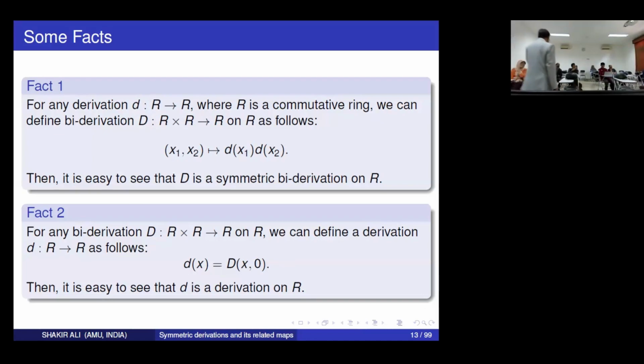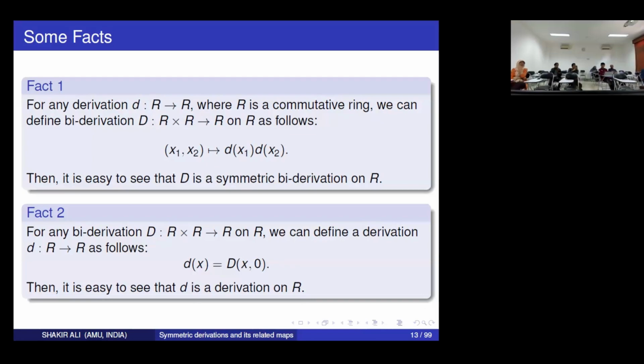What is the answer, please? Otherwise, if you do not understand, then there is a need to go over it. I want to be very sure you understand the relation between derivation and biderivation. So a simple question: I ask again, is every derivation a biderivation, or is every biderivation a derivation?